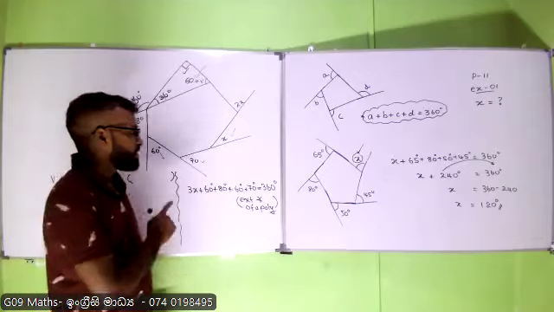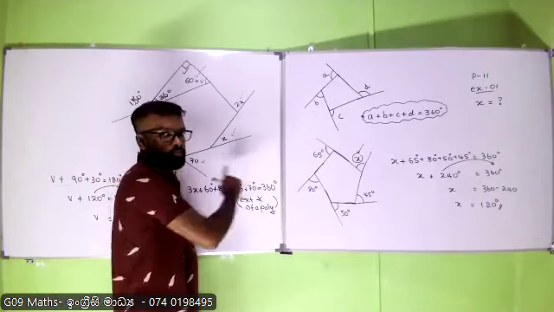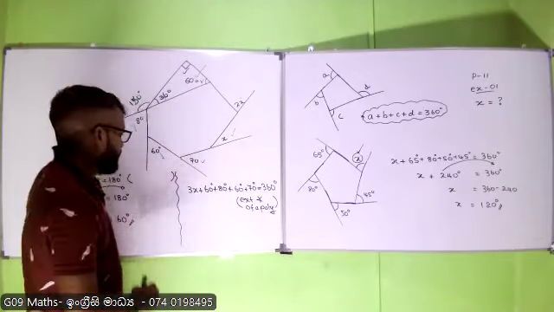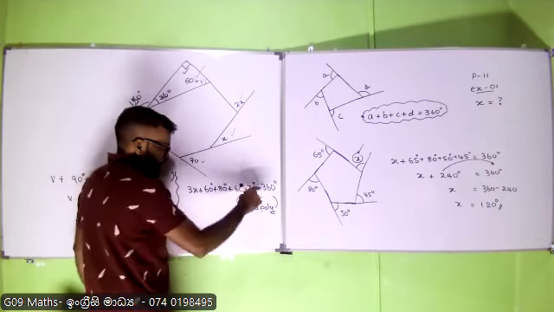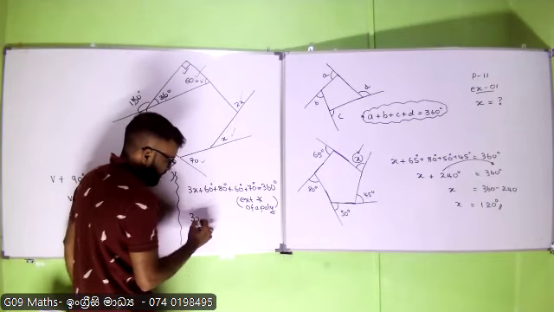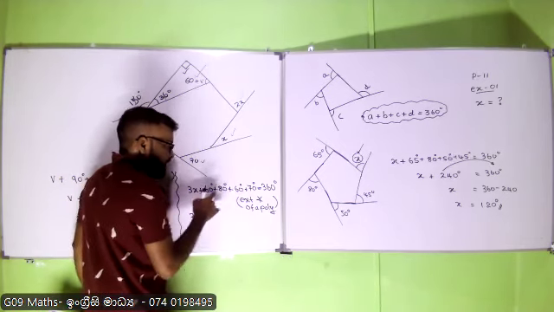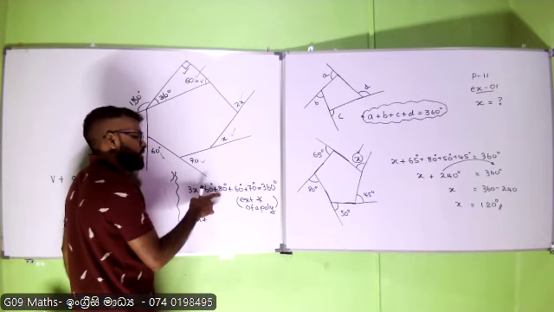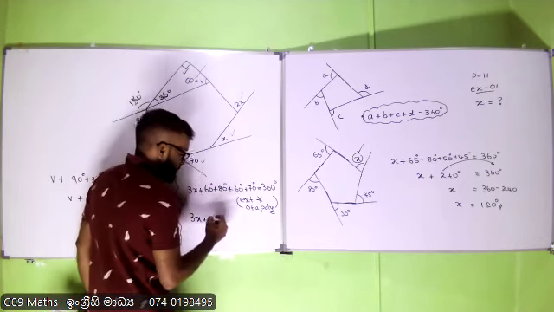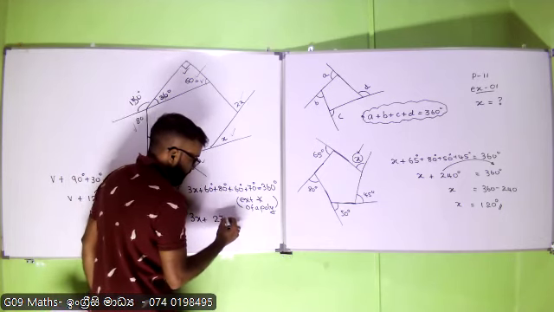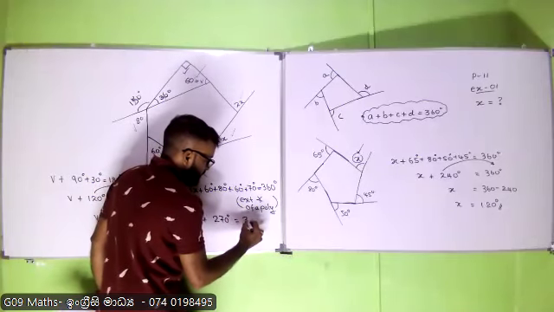That is the reason for this relationship. So 3x plus 60, 60, 120, 120 plus 80, 200, 270 equals 360.